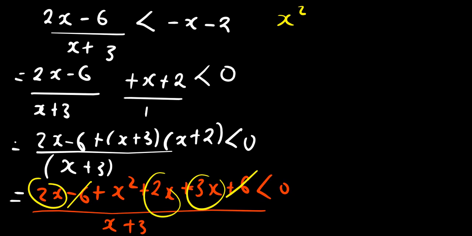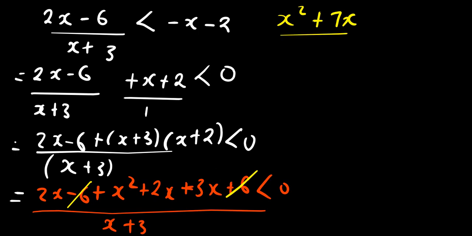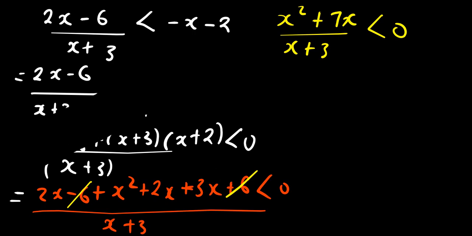That will just give us 7x. So plus 7x, everything over x plus 3. This should be less than 0. Now this is what we have. So what are we now going to do? Allow me to rub here.